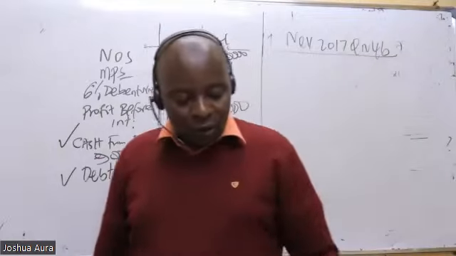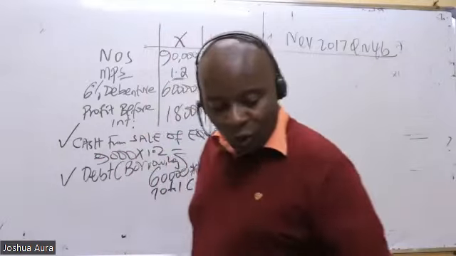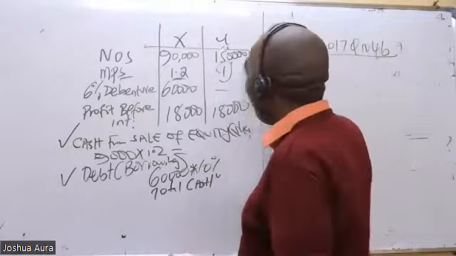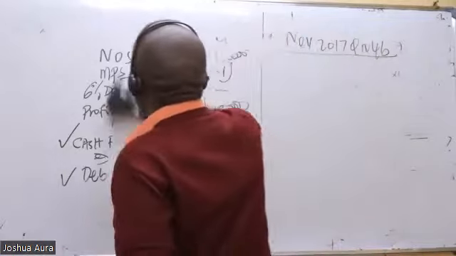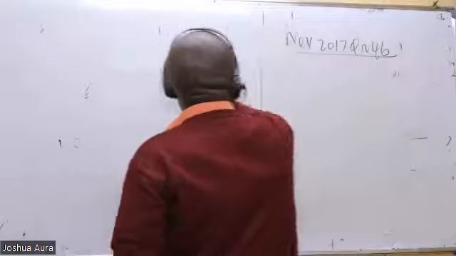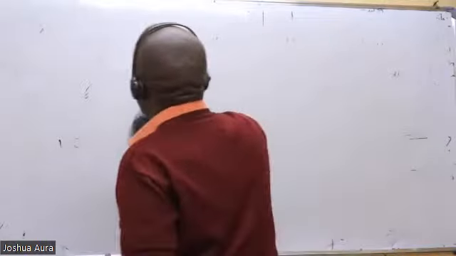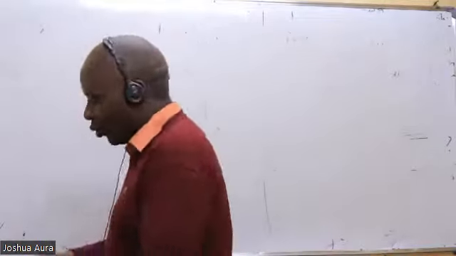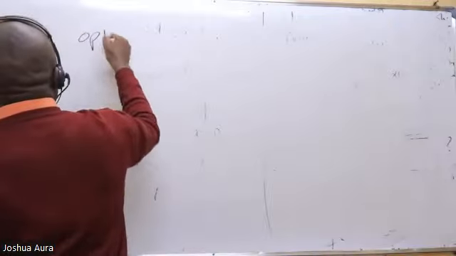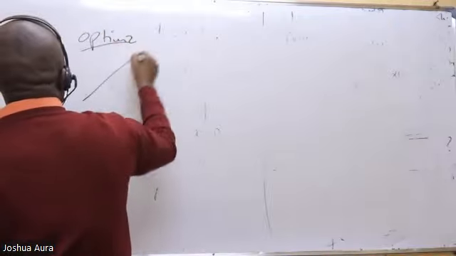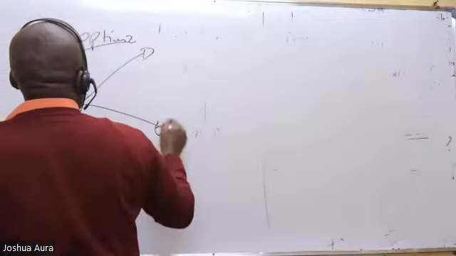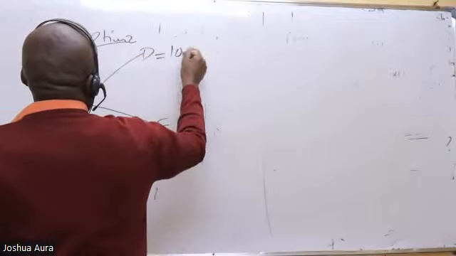So for option number 2, I can see debt, I can see equity. For debt, I can see 1 million.